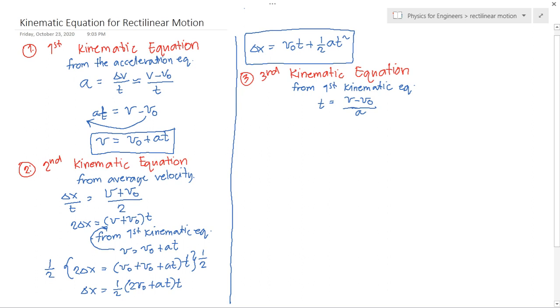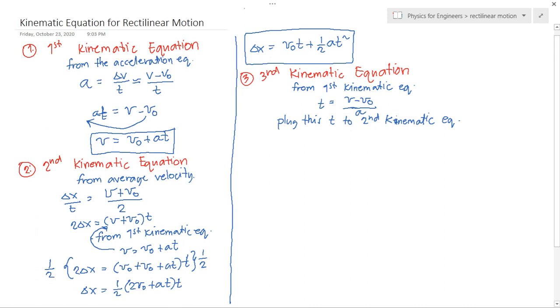So ganito to. So then substitute this t, or plug this t to the second kinematic equation. So i-substitute mo lang tong t dito.